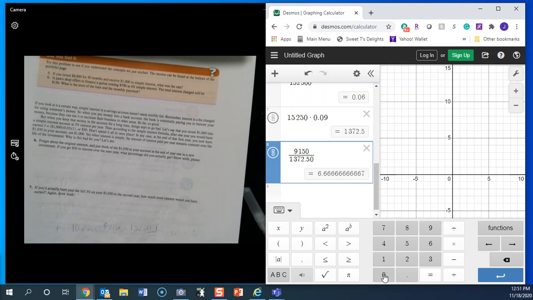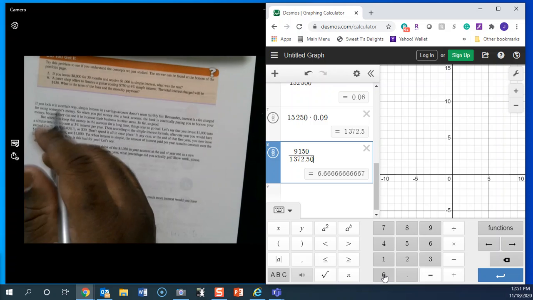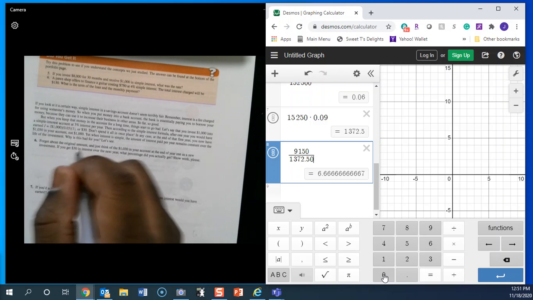Why is this bad for you? Let's see. Forget about the original amount and just think of the $1,030 in your account at the end of year one as a new investment. If you get $30 in interest over the next year, what percentage did you actually get? Okay, so if we got another $30, let's start off with the 1,000.